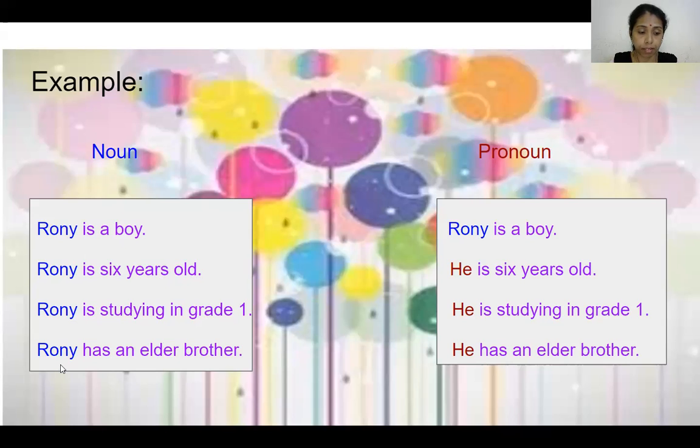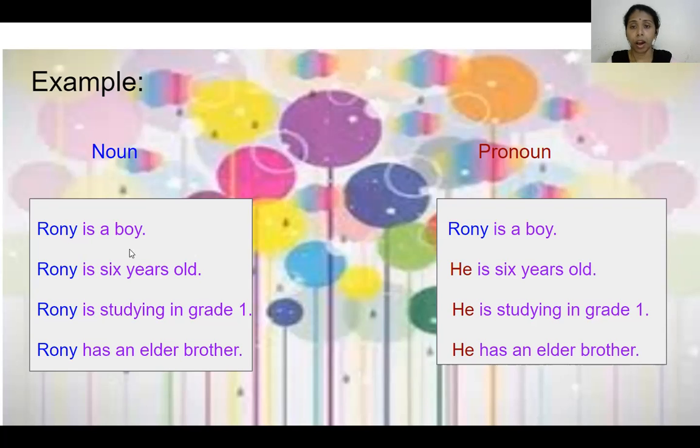Then fourth sentence is Ronnie has an elder brother. Here there are 4 sentences and in each and every sentence I mention the name of that boy, Ronnie, again and again.